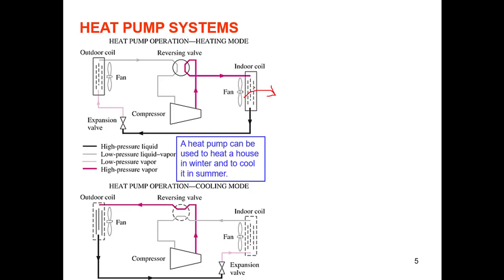It depends on the direction of the flow of the refrigerant, because the coil after the compressor we name the condenser. If this is the direction, then this is the compressor, then this is the condenser. Condenser means heat is rejected to the environment, so here we'll get heat, right? If this is the arrangement, we'll get heat.